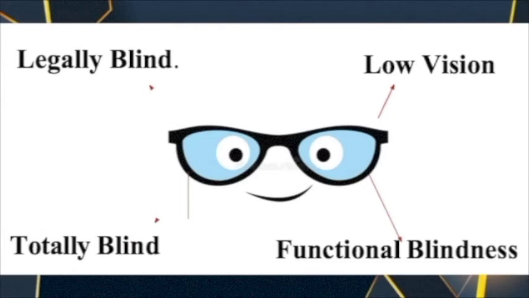Legally blind has a visual acuity of 20/200 or less in the better eye after correction with glasses. Totally blind has no light perception. Functional blind has limited vision. Low vision refers to vision 20/70 or worse that cannot be fully corrected.